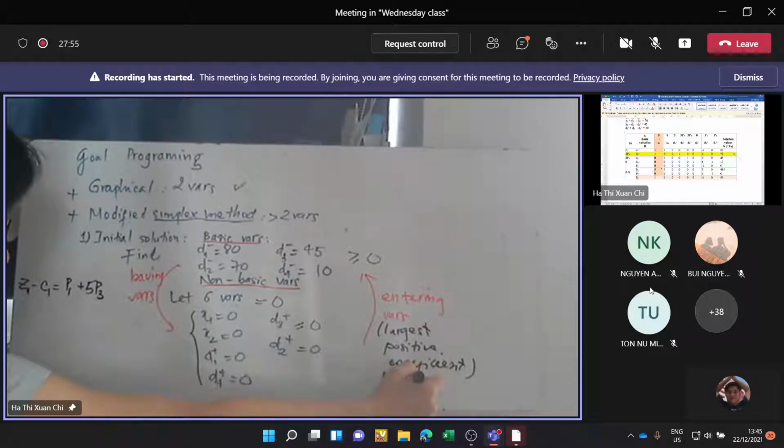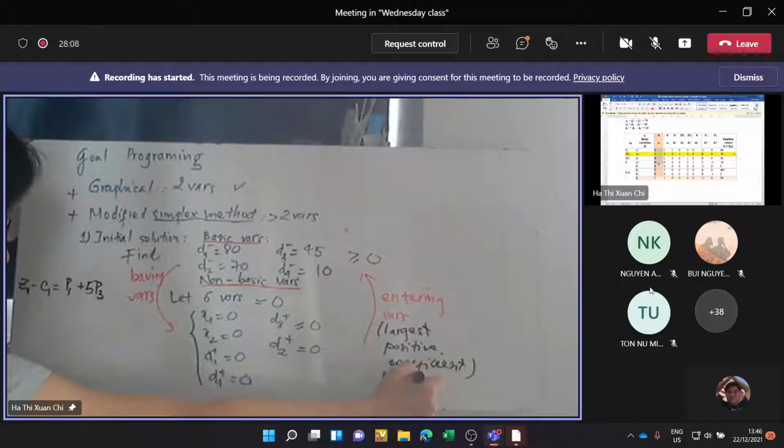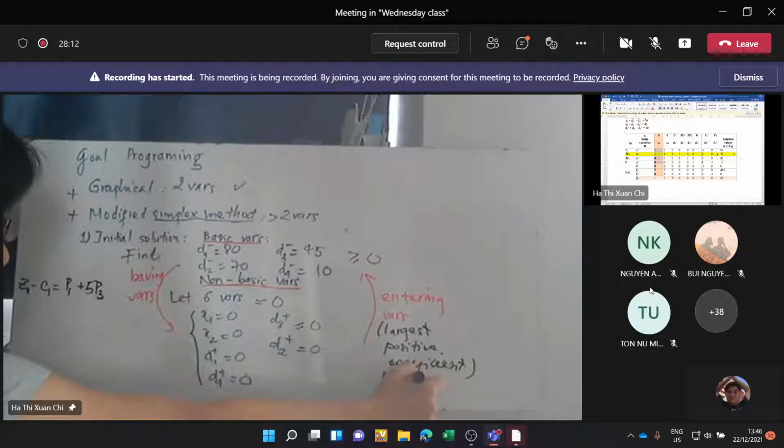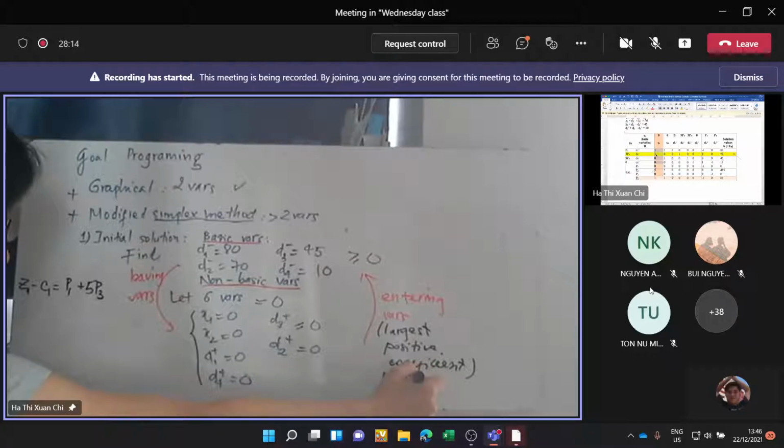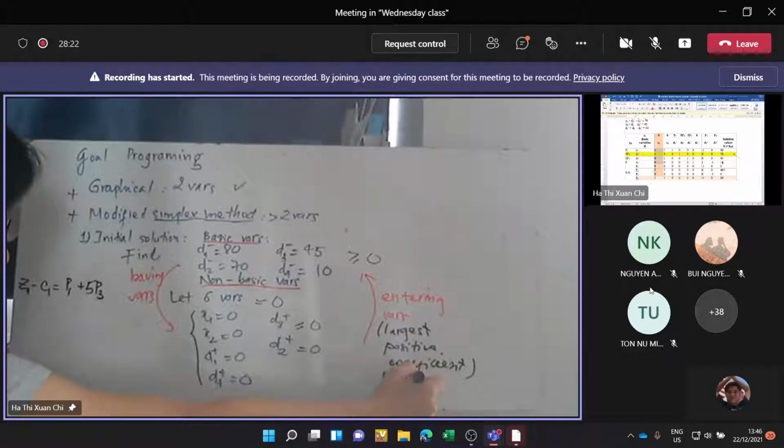So what is the smallest ratio? Here that is the pivot column, right? That is pivot column, everyone. So you take the right hand side and divide by the pivot column. So 80 divide 1, 70 divide 1, 45 divide 0, 10 divide 0. So that is undefined.